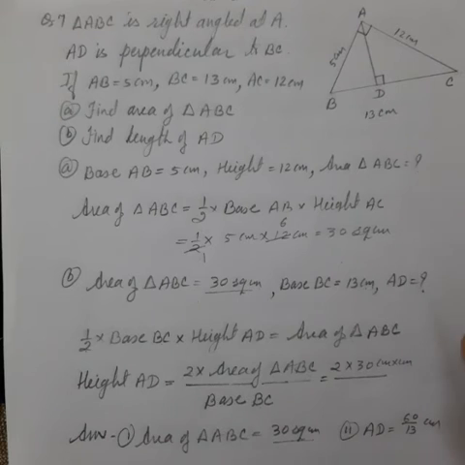Base BC is given 13 centimeter. Centimeter will cancel. 2 30s are 60 and here it is 13. 1 centimeter is there. So the height AD is 60 by 13 centimeter. Area is 30 square centimeter and height AD is 60 by 13 centimeter.